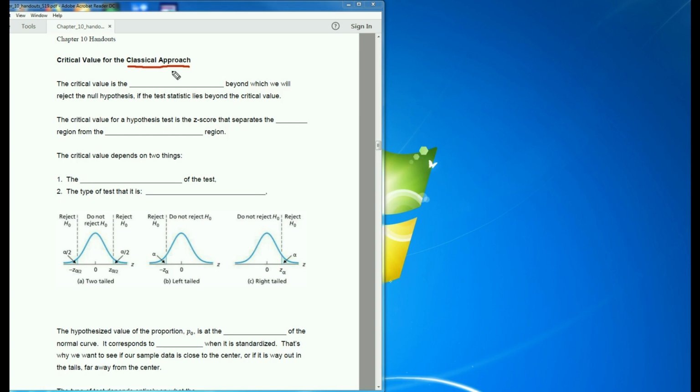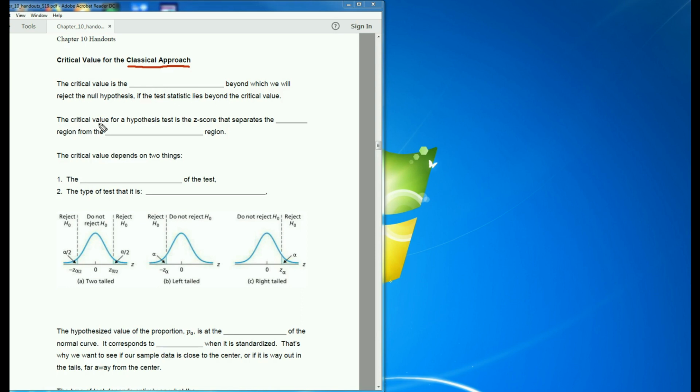So for the classical approach, we need to find something called the critical value. The critical value is the z-score beyond which we will reject the null hypothesis, if our test statistic lies beyond that critical value. And remember, we already talked about the test statistic last night. That is the z-score that you calculate based on your sample data.